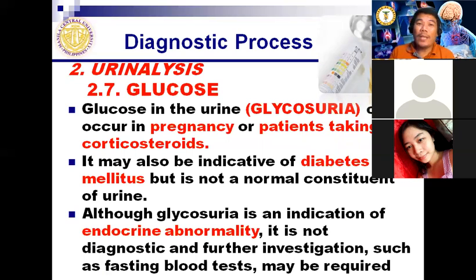So expect glycosuria in pregnant women because of the physiological changes, and in those taking corticosteroids, as this triggers changes in the regulation of glucose. If there is glucose in the urine, that's what you call glycosuria. And if glucose has been detected, it is indicative of diabetes mellitus or endocrine abnormalities.